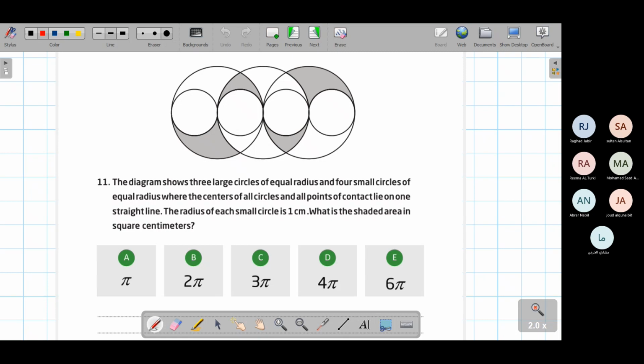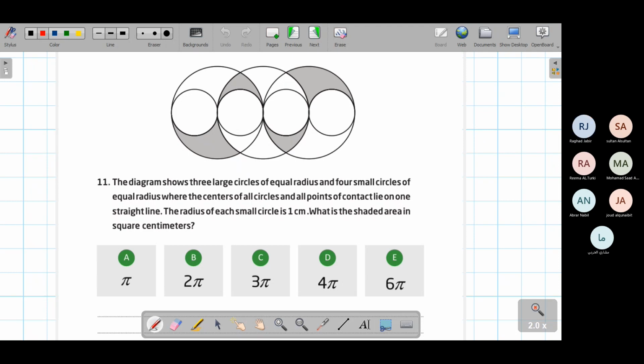Again, let's read the given, but step by step. So the diagram shows what? Three what, Ragad? Circles, big circles. And what? Four small circles.